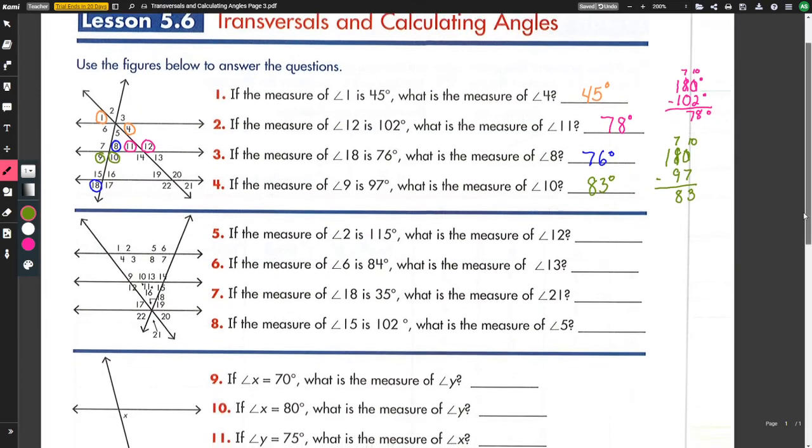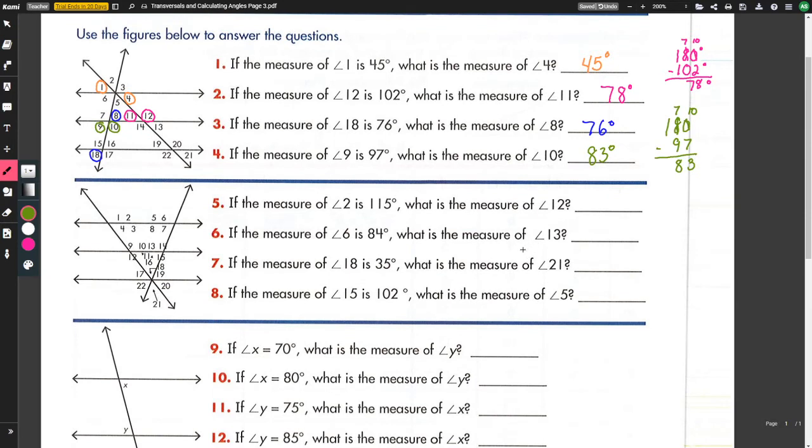Now let's look at the second part. The numbers are kind of shifted off to the side, so it's a little confusing because my numbers are all over the place. We're going to try our best.